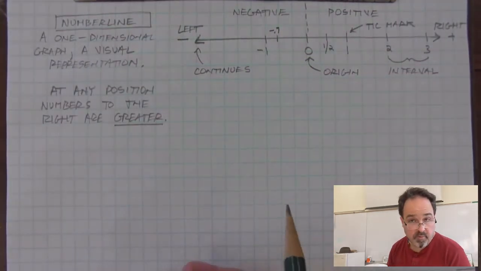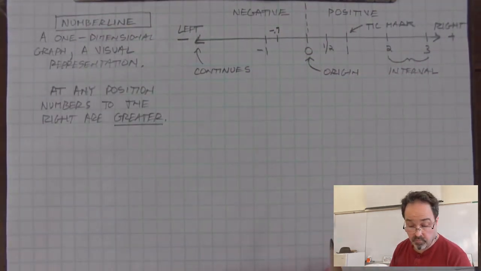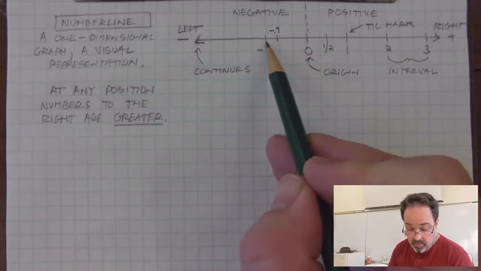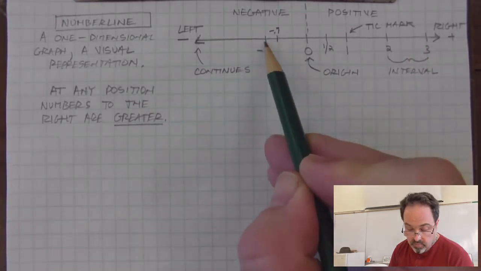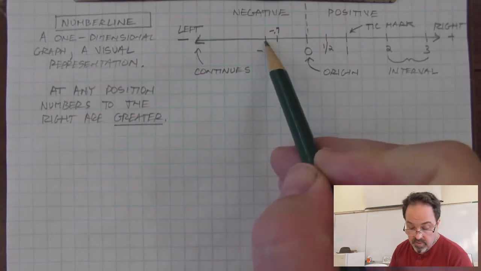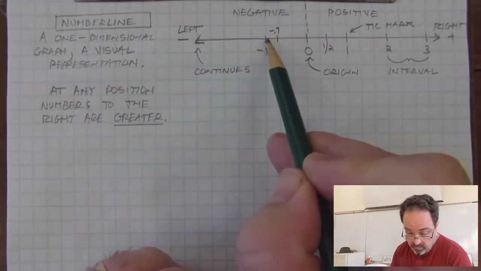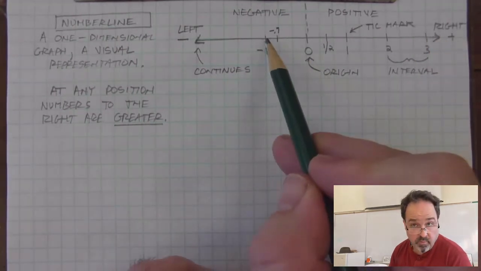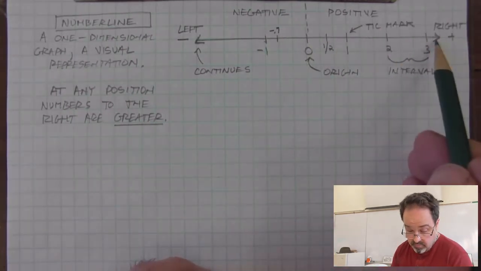This concept of being greater is very useful. Anywhere that I could be on this number line, like if I was considering the location -1, then that means that everything to the right of -1 is greater than -1. All the numbers that could be listed.